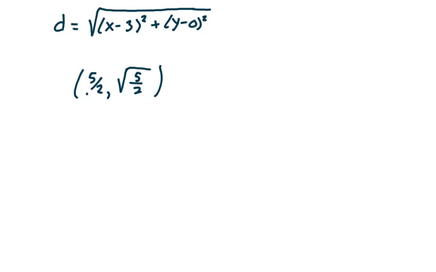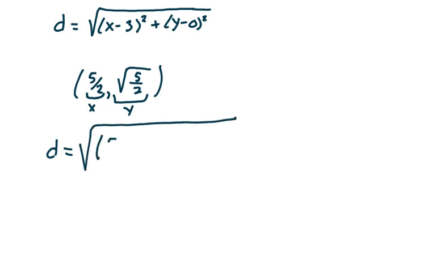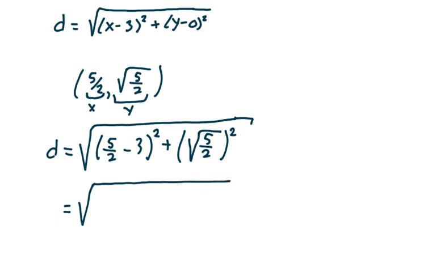Remember, the first coordinate corresponds to x, the second coordinate corresponds to y, and then I would plug those values in. And so I get the square root of (5 halves minus 3) squared plus (square root of 5 halves) squared. And 5 halves minus 3 is negative a half, so you get (negative a half) squared plus 5 halves.